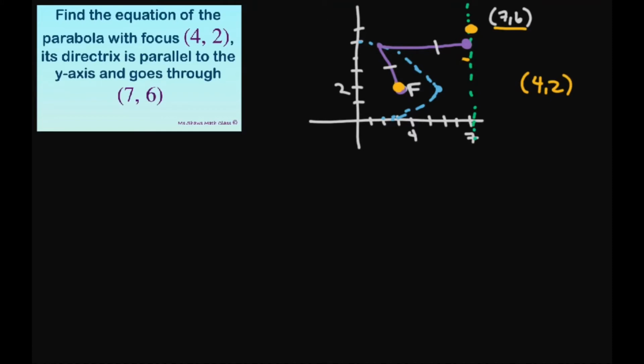The reason I drew this purple is because that's what we're going to use. I know it doesn't look like it, but these two lines should equal each other. It's just a little sketch because we don't know what the equation is yet.